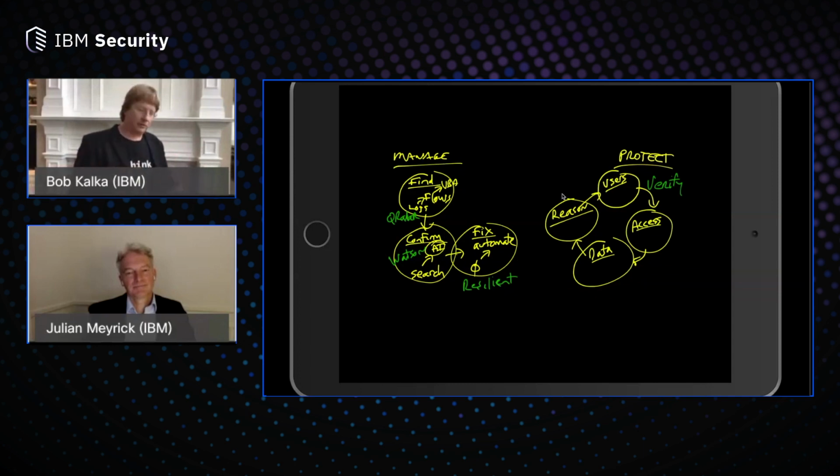And the center of the universe for us around this is our Guardium portfolio, which for 13 years now has been the leader in that entire space of data file activity monitoring, encryption, and things like that. And then finally, really intriguing, a lot of people, if you talk about zero trust, will not bring up this final piece of making sure that people are accessing data for the right reason.